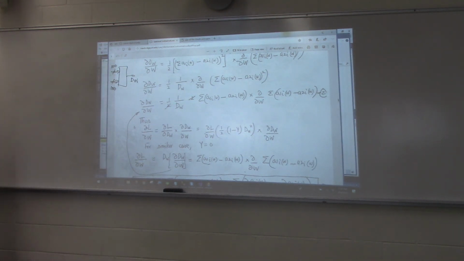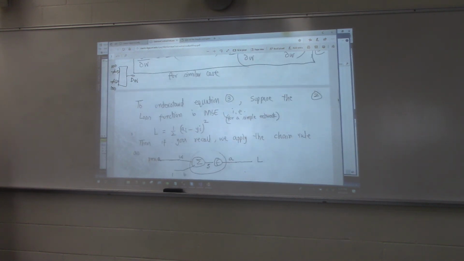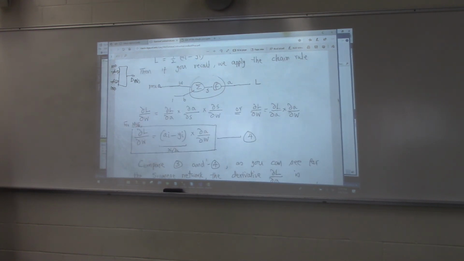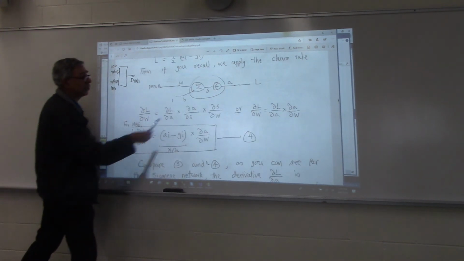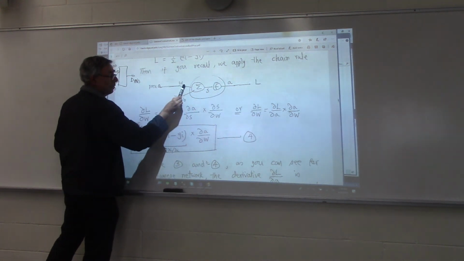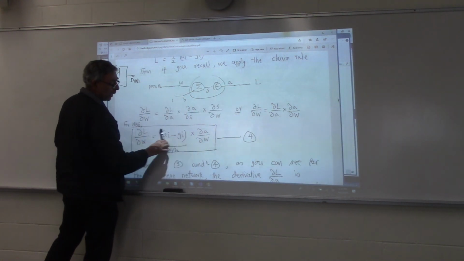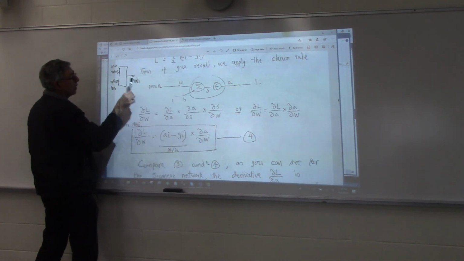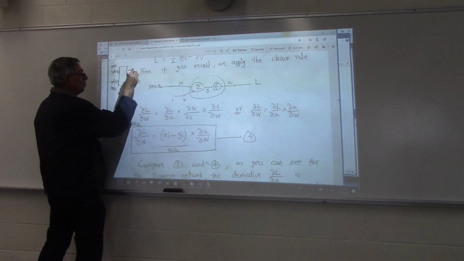Okay, so this was for the dissimilar case, similar case. And here I tried to explain how, if this was a neural network, then we have partial L over partial A over partial W. So we can relate this to our thing over here.